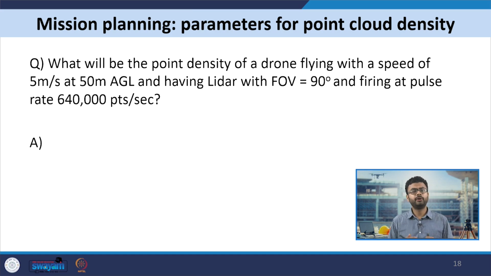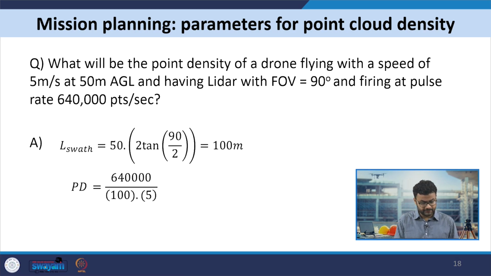What will be the point density of a drone flying with a speed of 5 meters per second at 50 meters above ground level and having a LiDAR which has a field of view equal to 90 degrees, and that LiDAR is firing at a pulse rate of 640,000 points per second? So we can plug in these values in the formulas we just understood.